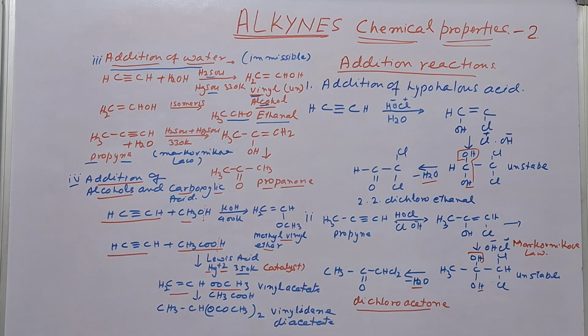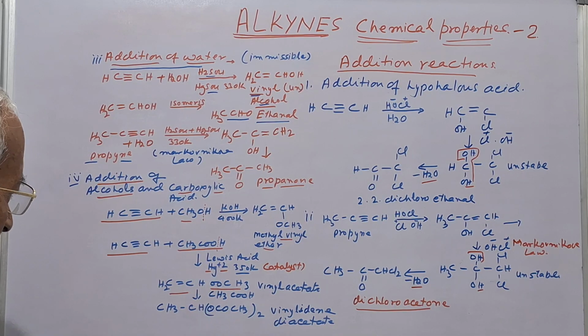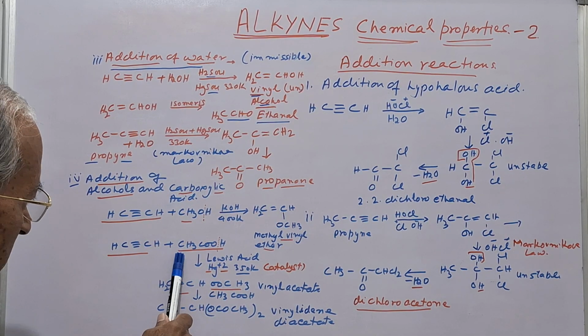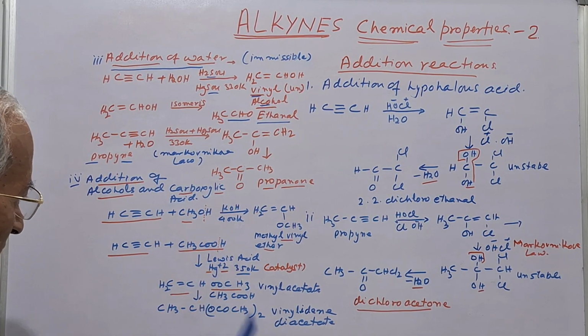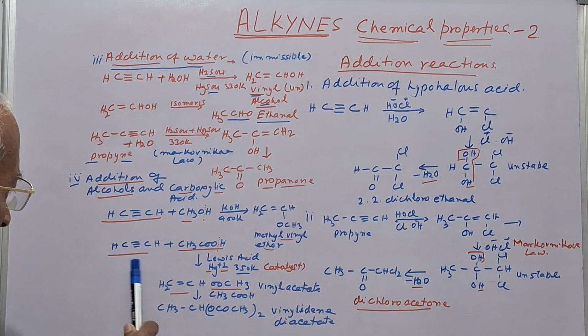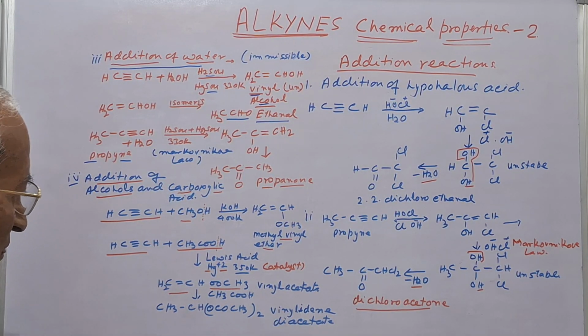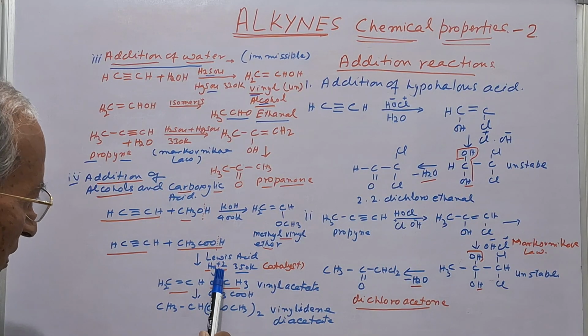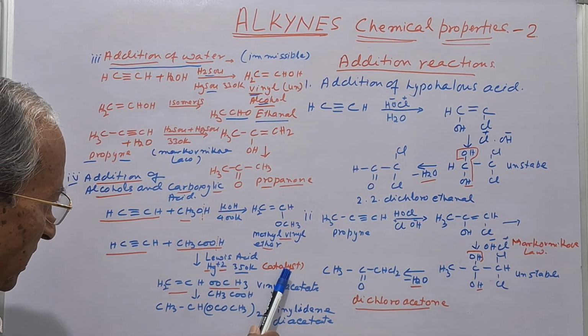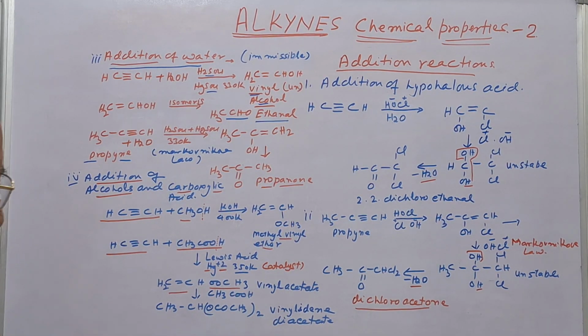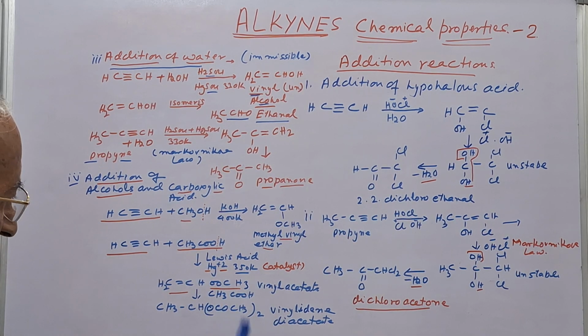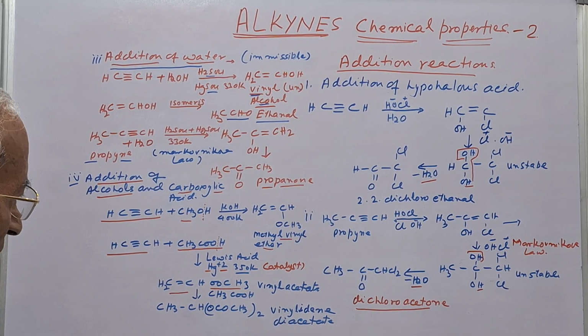Now we take the reaction of acetic acid. It also breaks like this, that is acetate and hydronium. Now this ethyne reacts with acetic acid in the presence of a Lewis acid and mercury as a catalyst at about 350 K. Here two molecules of acetic acid join one by one.